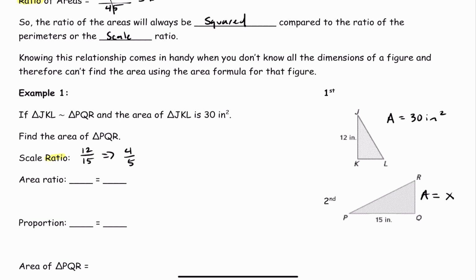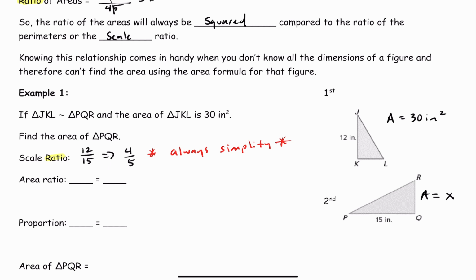So 4 over 5. And I'm going to make a note right here to the side. Always simplify. Okay? So now, look, we have the area ratio. Currently, we have 30 over x. Do we agree? Yes or no? 30 over x?